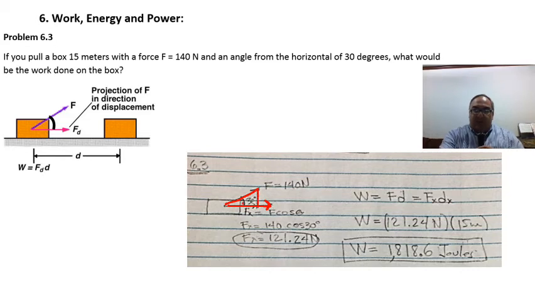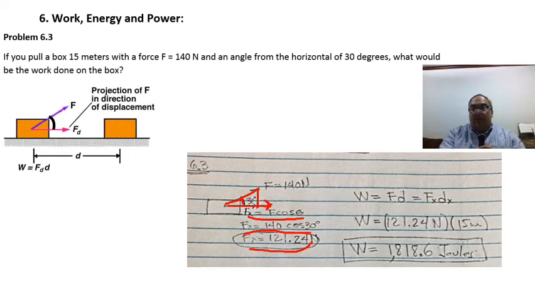So 30 degrees, and to take the X, we use the cosine. So Fx is F cosine of the angle. We calculate it, so it's 140 cosine of 30, and this is 121.24 newtons. That will be the force in X, right?